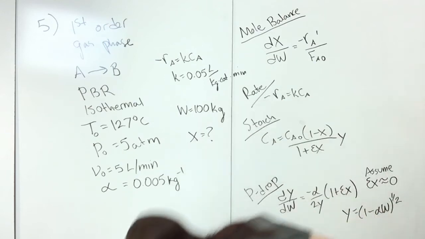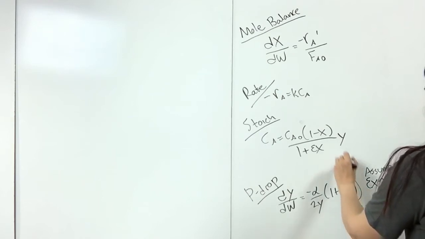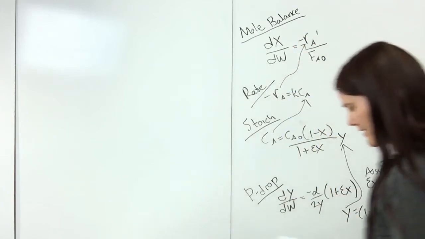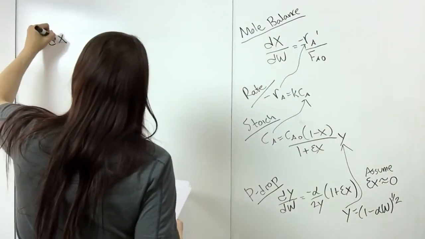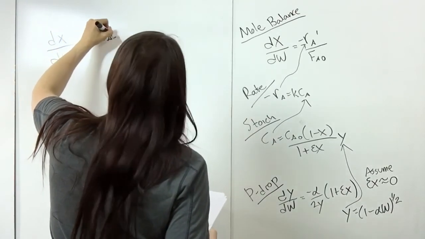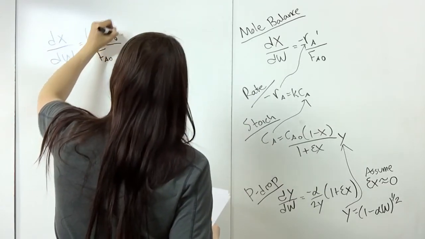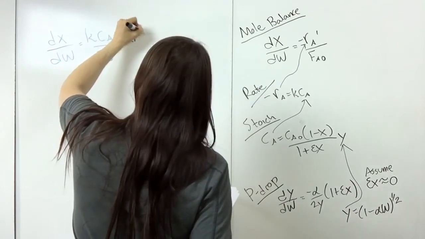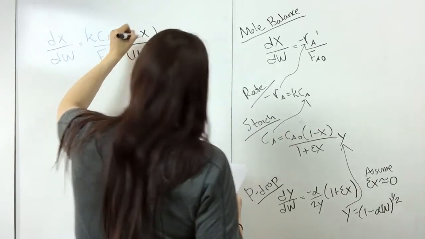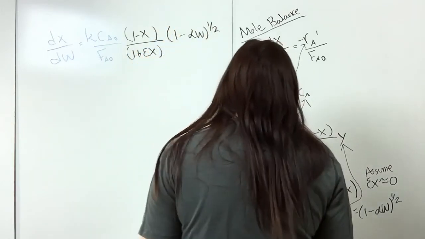And I'm just going to erase some stuff real quick. Let me just combine everything and solve this. So we are plugging this into here, and that into there. So if we do that, we get that dx/dw is equal to k CA0 over FA0 times (1 minus x over 1 plus epsilon x) times (1 minus alpha w) to the 1/2.